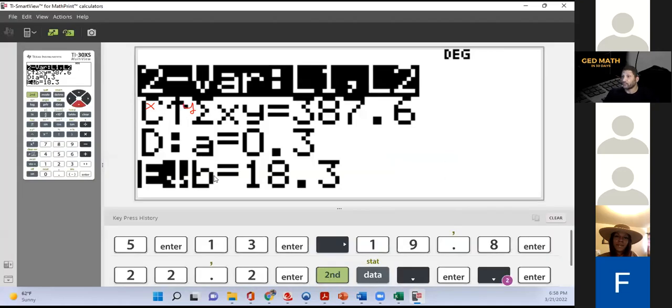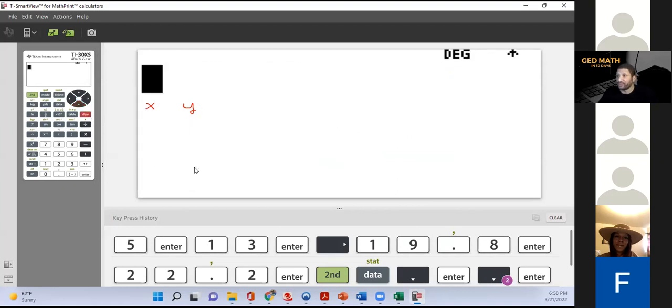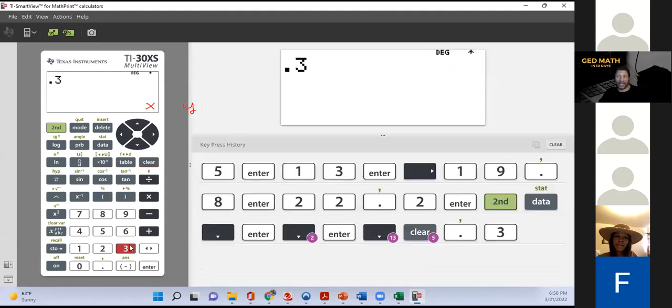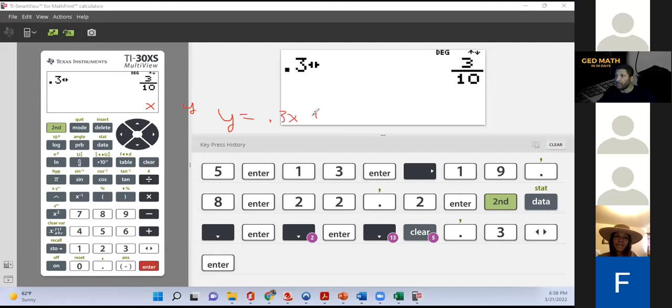Let me show you. So 0.3 and 18.3, they got fractions in the answers. You got to know how to change 0.3 to a fraction. So 3/10. I didn't say 30%. I said how to change it to a fraction. So y equals 0.3x plus 18.3 is the same as y equals 3/10 x, right?